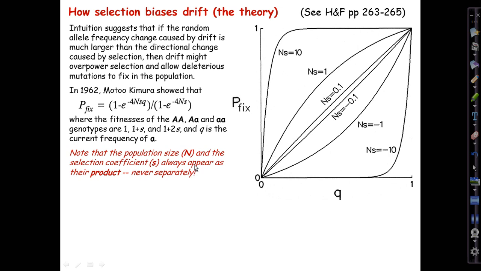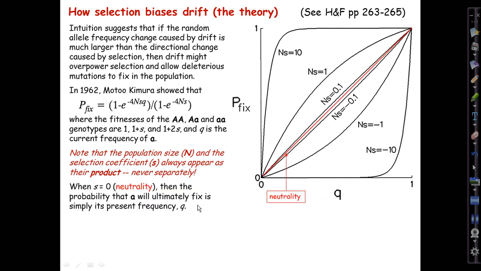So the population size and the selection coefficient are the variable parameters of this expression, right? Together they say what the probability of fixation is, which I've graphed here on the y-axis as a function of q, but they never appear separately.